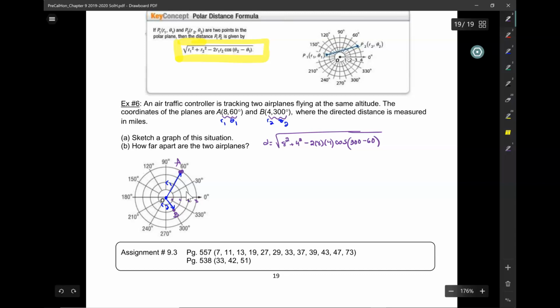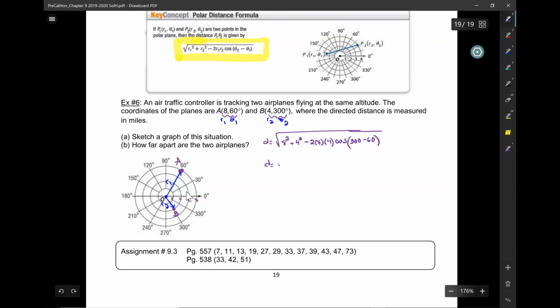All right, let's do it. So D is equal to, I know we can use our calculator for this one, but we're just going to do this by hand because why not? 8 squared plus 4 squared is 80, minus 64 cosine of 240. Let's pause here for a minute.